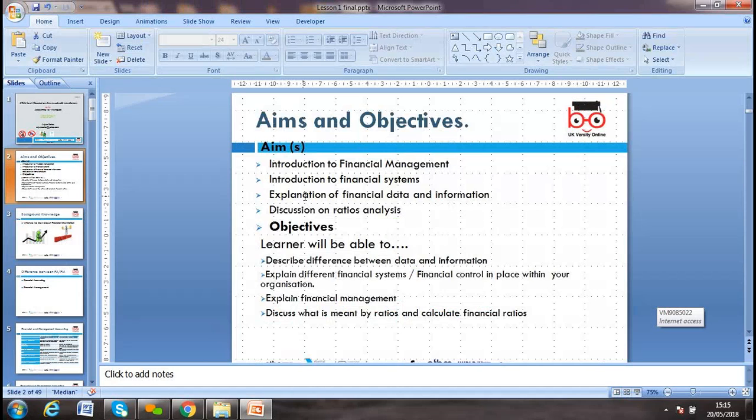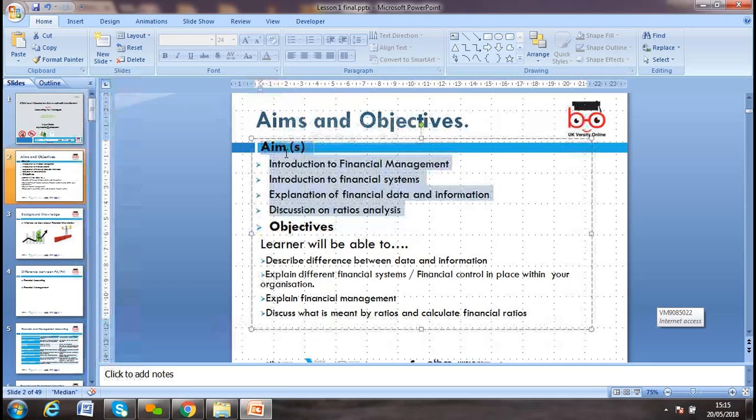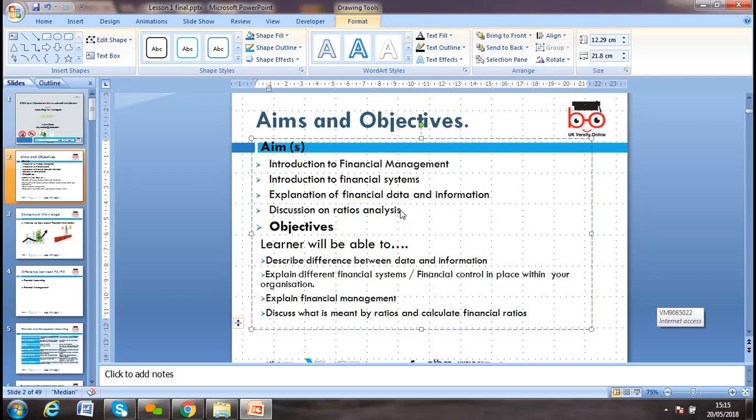We'll discuss the financial system, explanation of financial data and information, and then how data can be interpreted and used. Our discussion will be focused on different stakeholders.